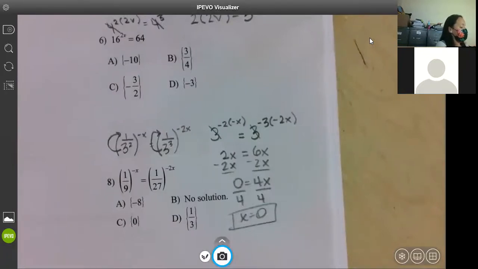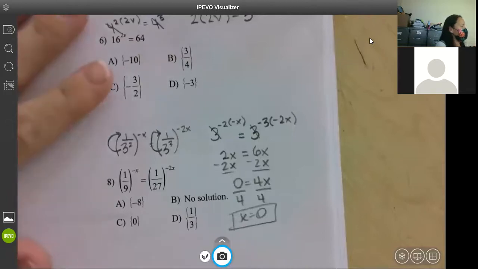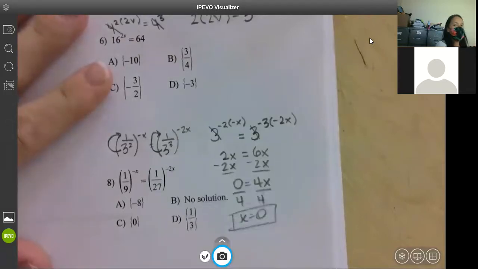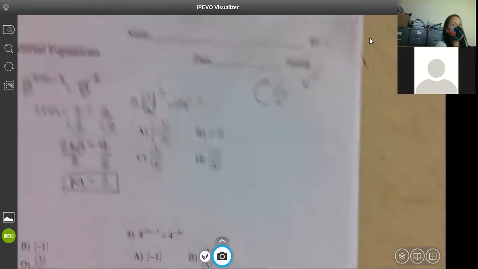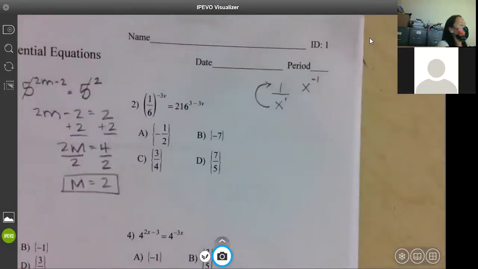All right, so when we look at number 2, I'm going to go back up to number 2. Can I write 6 and 216 as the same base? If you don't think you can, you just log both sides, bring the power down, do all that hard work.